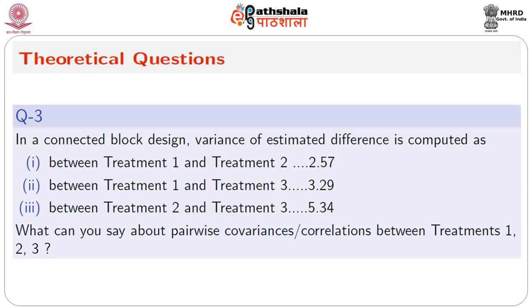Those we have to use to compute pairwise covariance. We have to know the covariance between treatments 1 and 2, that is C plus 1 2. Whether we are in a position to compute the values of C plus 1 2, C plus 1 3 and C plus 2 3 from these expressions, we have to try it out. So I will try it.